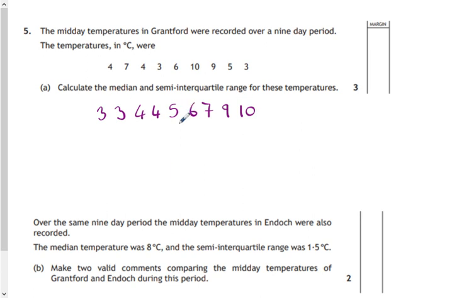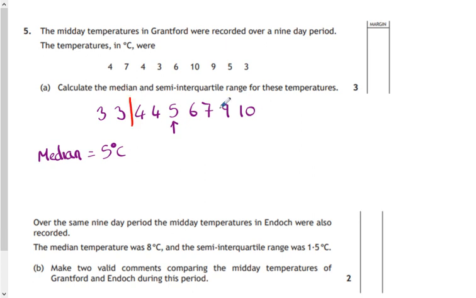Now the median is the middle number of an ordered list, so there's our median. Our median is 5 degrees Celsius. For the semi-interquartile range, our quartiles are going to be the middle of each of this upper and lower half.